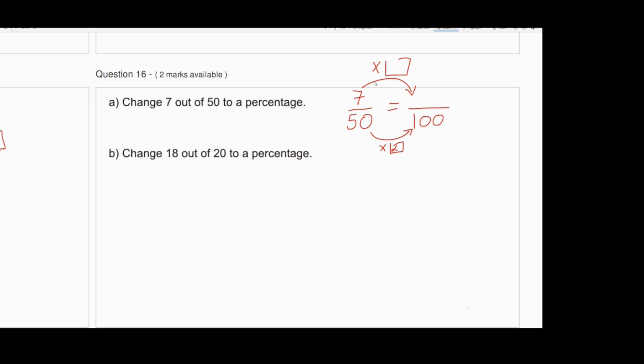So times the bottom of the fraction by 2, so I times the top of the fraction by 2. So I get 14 over 100. Now, 14 out of 100 is just 14% because percent means out of 100. So that's what I'd have there.